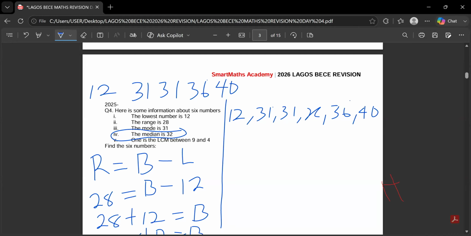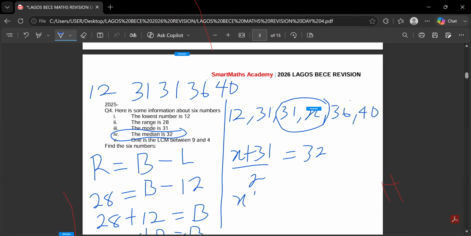From here, the 2 middle numbers will be 31 and x. When you have 2 numbers at the middle, you add the 2 numbers together. So x plus 31 divided by 2 gives us 32. That means x plus 31 equals 2 times 32, which is 64.